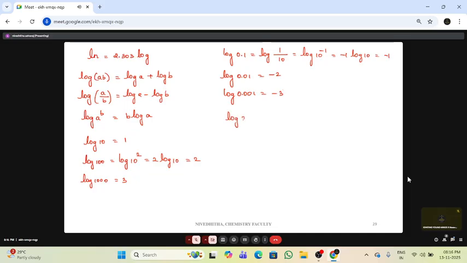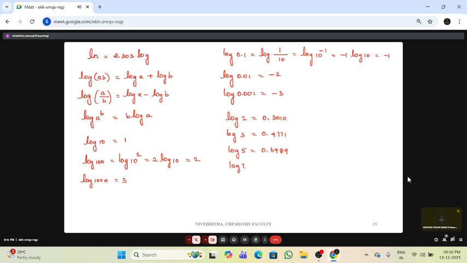Now a few values. What is the value of log 2? 0.3010. Log 3: 0.4771. Log 5: 0.6989.